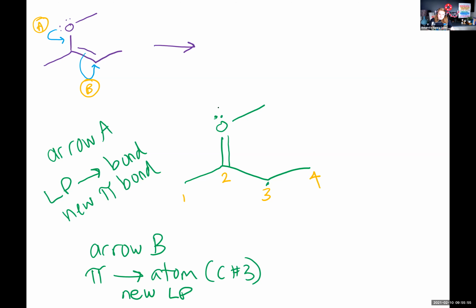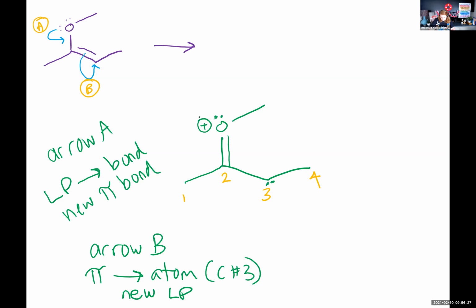What about charges? Whenever we move electrons around, we have to look at the atoms that are involved to see if their charges have changed. So the atoms that were involved here are the oxygen, carbon 2, and carbon 3. Who needs a charge? Positive oxygen, totally agree.